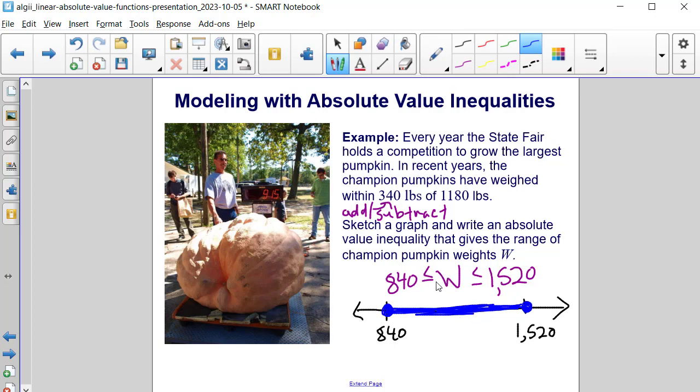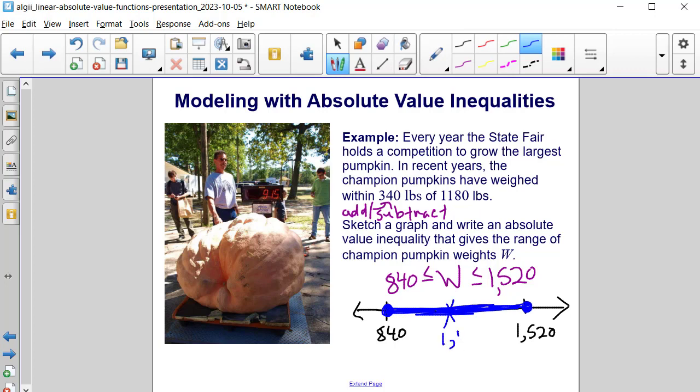Now, how do we come up with the absolute value inequality? Well, it can be done by finding our center point or by also looking back in the problem. Well, we added and subtracted 340 pounds to 1,180 pounds. So that's our midpoint, or our center point.